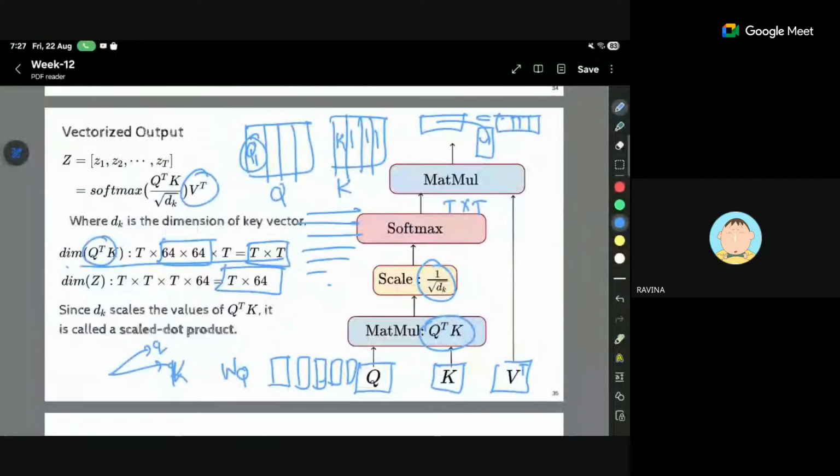So this initial part, the softmax of that, is called attention weights or score or alignment score, anything you can call, but that's what attention is. Then finally, I'm going to multiply with VT, and the final thing I'll get out of it is Z1, Z2, Z3, and so on. Okay, fine. It's fine till now.